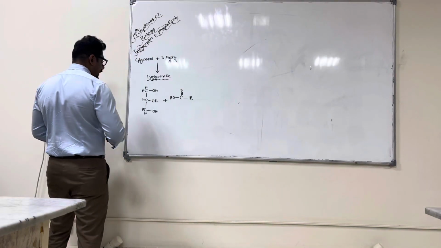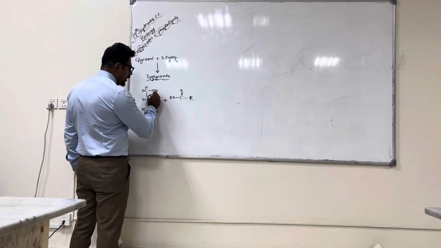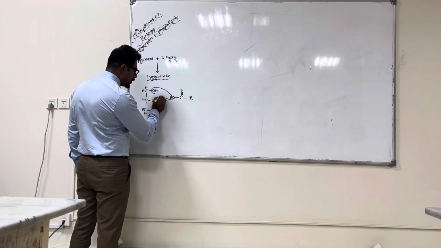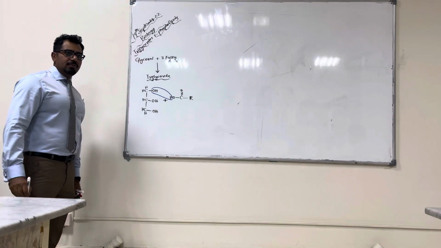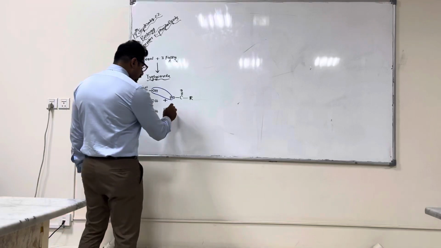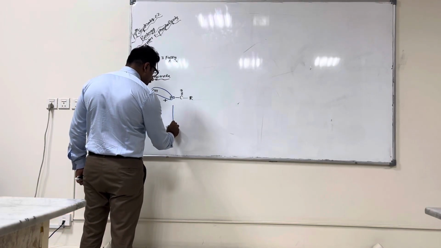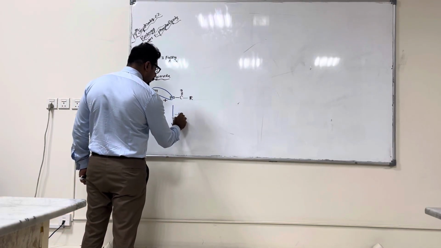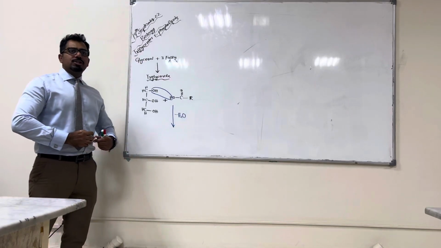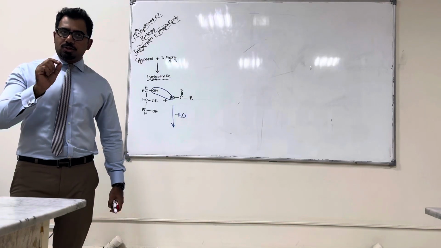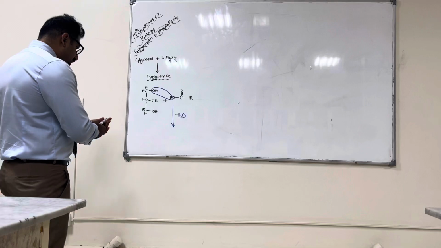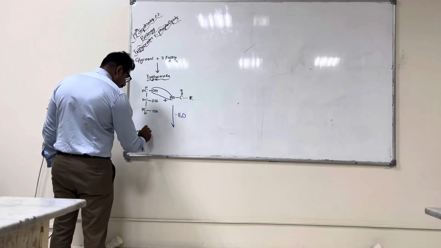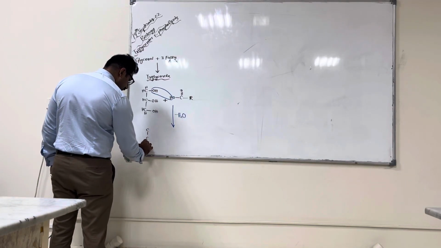Now, what will happen? I told you that the hydroxyl of this and the hydrogen of this will join together, and in that reaction, one molecule of water will be removed. Which kind of reaction is this? Condensation reaction. When this condensation reaction happens, I will write it like this.